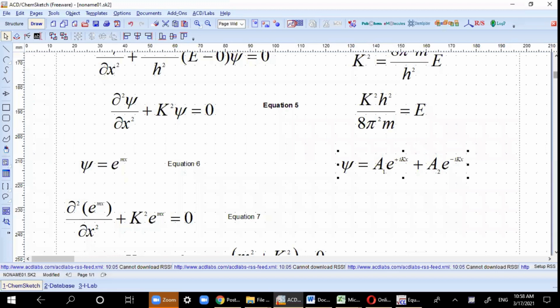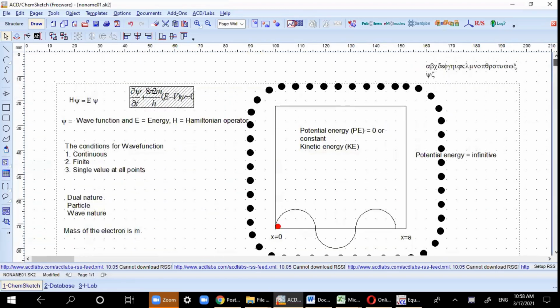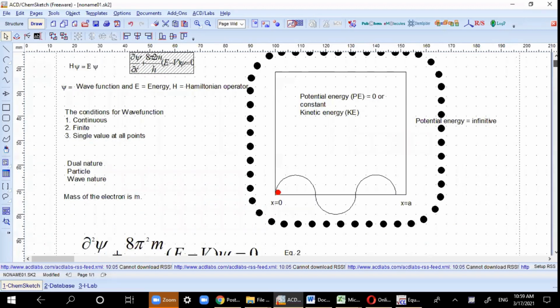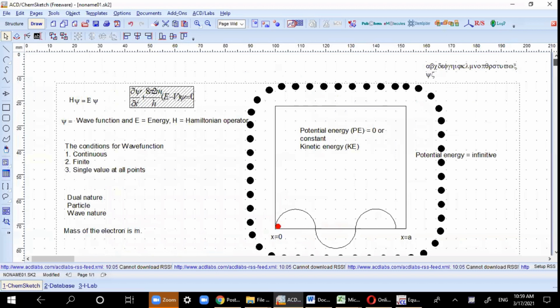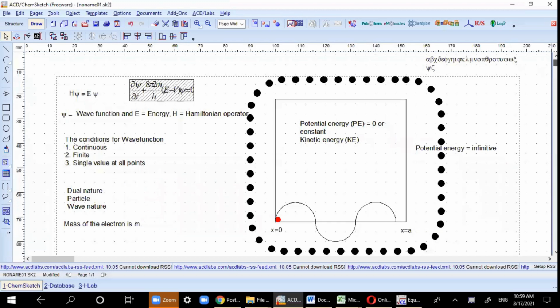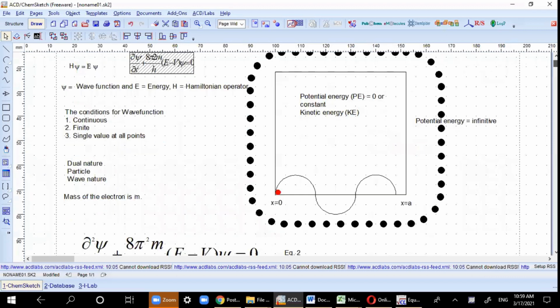We started from our Schrodinger wave equation, assumed the conditions, and considered both natures. We are assuming the electron with mass m is present in a one-dimensional box, where outside the box potential energy is infinity and inside the box potential energy is 0.